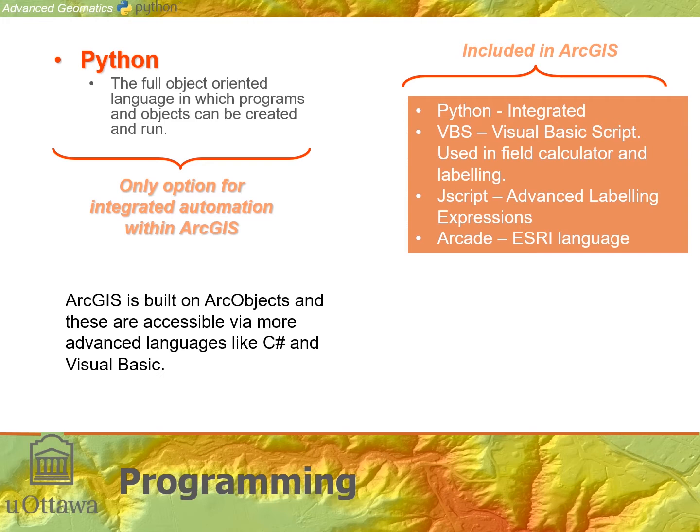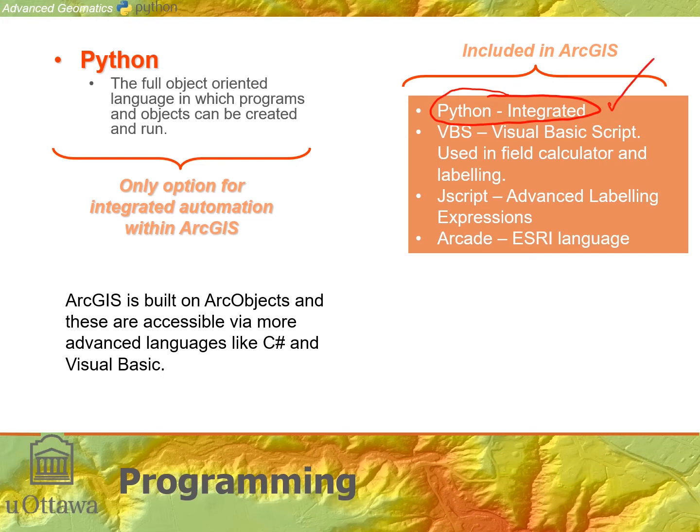Python is the main integrated language inside of ArcGIS Pro, ArcGIS Desktop and all the ArcGIS products. Within ArcGIS Pro, there are places where Python can be used throughout, which is a bonus.